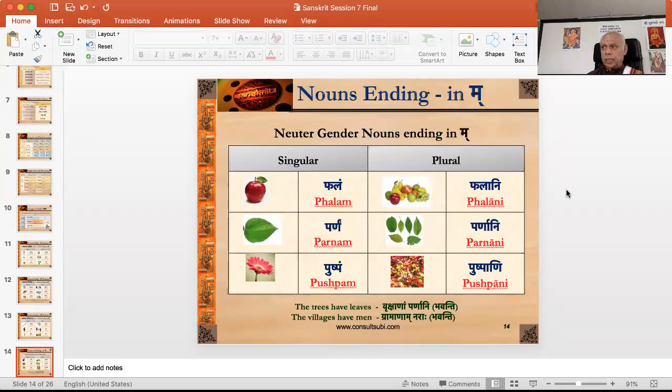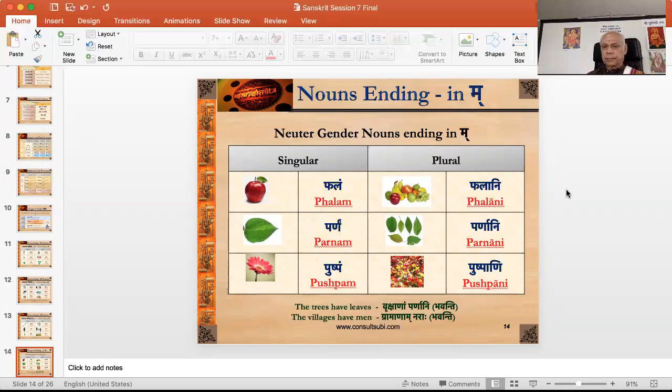What about neuter gender nouns? For example, phalam is usually ending with ni. Now these neuter gender nouns end in am, like phalam. Phalam is a fruit. Phalani is plural. Parnam, meaning a leaf.